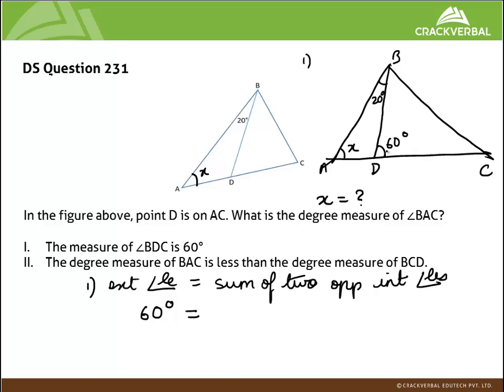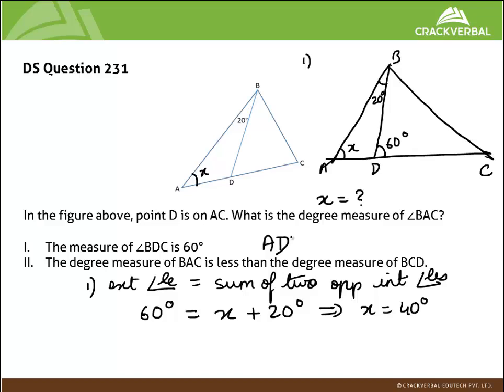And this 60 degrees will always be equal to the sum of the 2 opposite interior angles, which are x and 20. That is angle BAD and angle ABD. So 60 is equal to x plus 20, which gives us a definite value for x, which is 40 degrees. So the first statement is definitely sufficient, and the 2 possible answer choices are A and D.